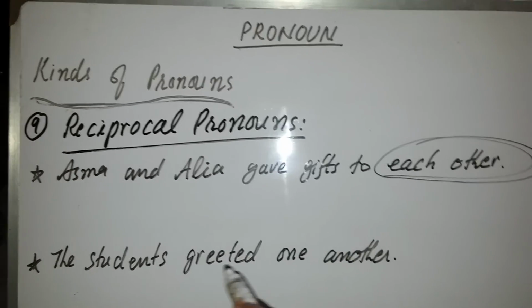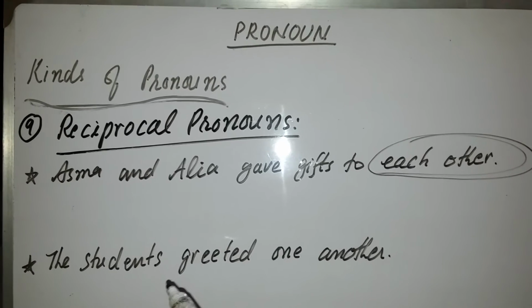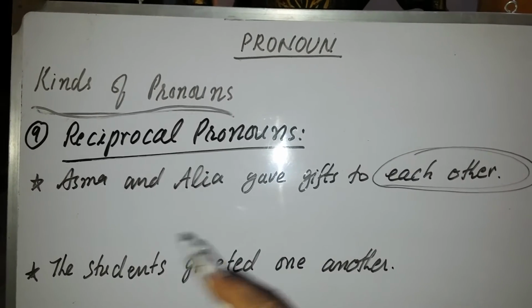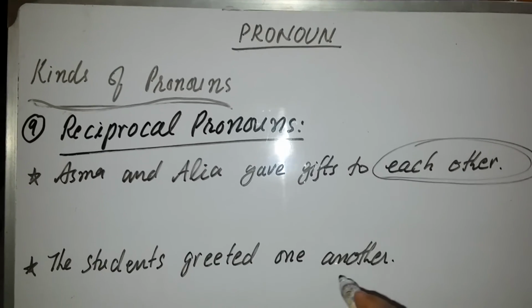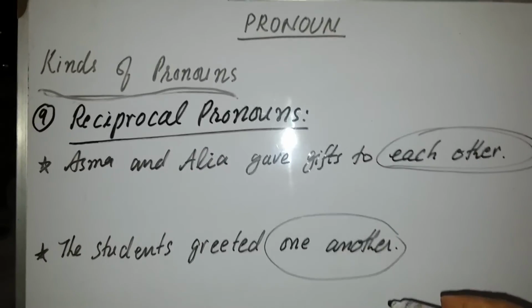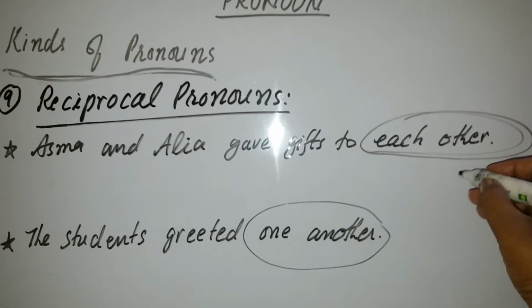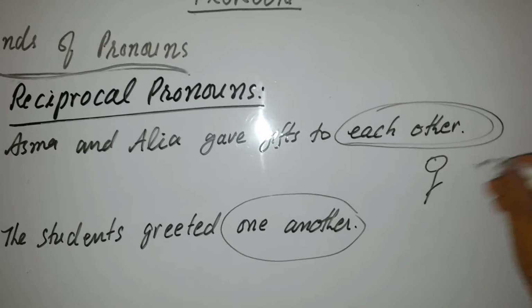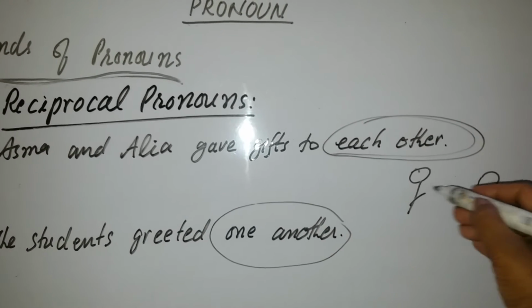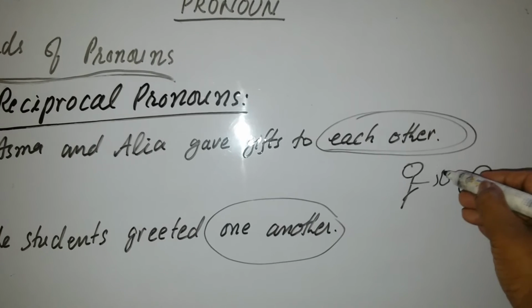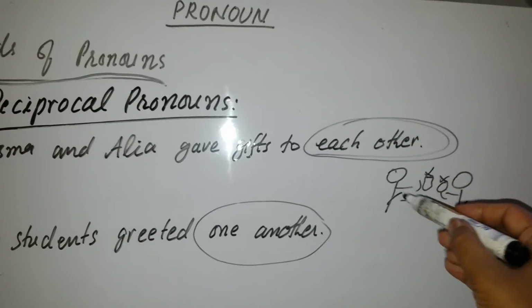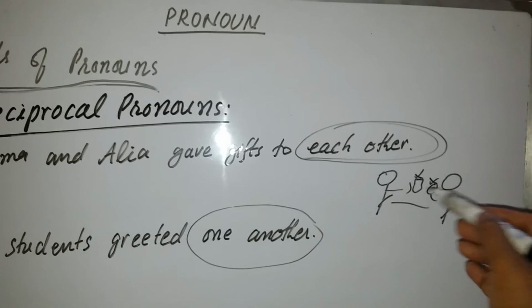Now in this example you will see the students are more than two people, so their greeting is done by one another. That's why we will use one another as a pronoun in this sentence. If there are two subjects, and they are giving gifts to each other, it means the action is done by both subjects.